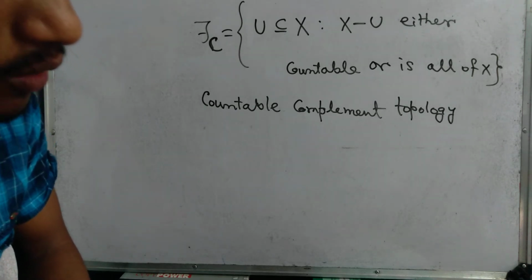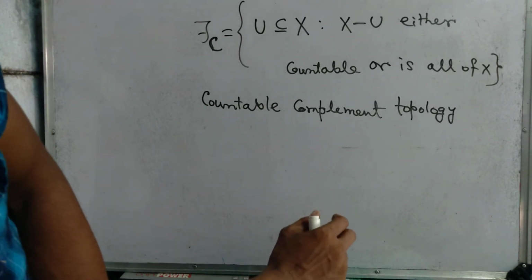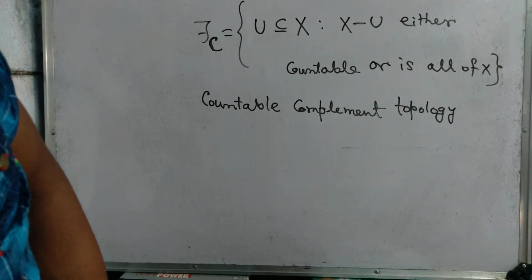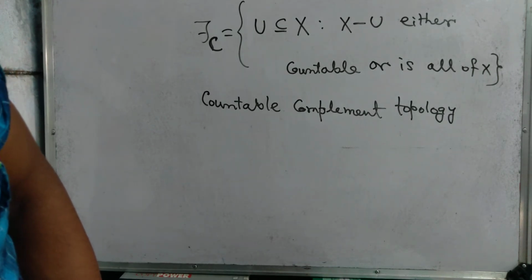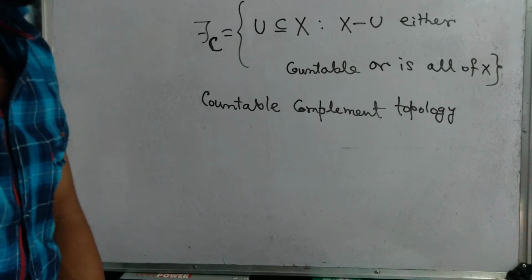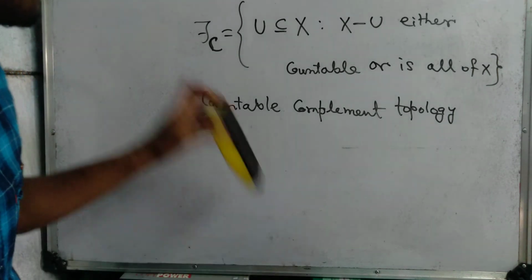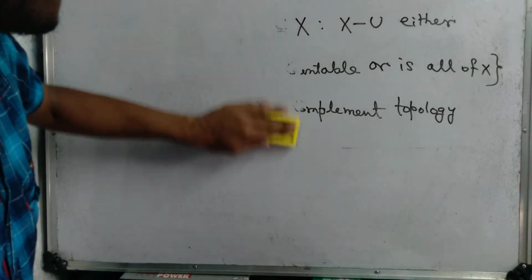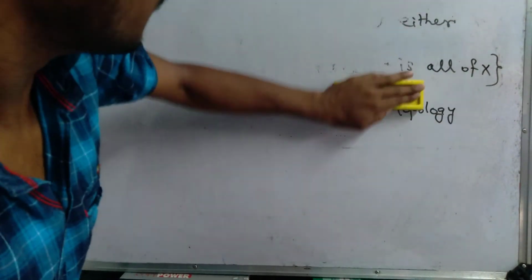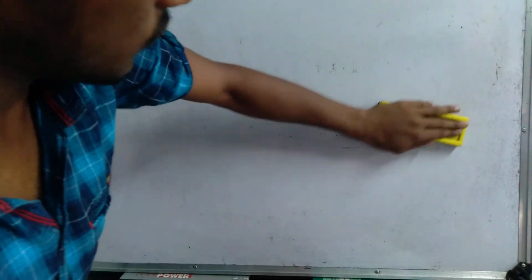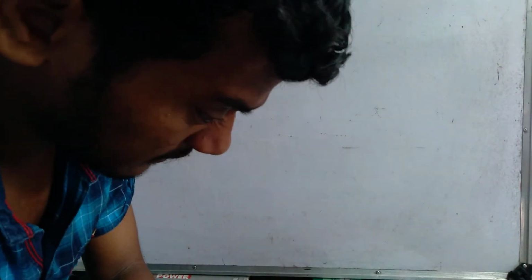That means how do we compare two topologies? A topology on a set is a collection of subsets of this set.